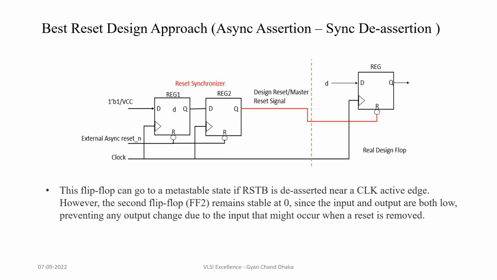If you see here, the flip-flop can go metastable if the reset signal is de-asserted near the active clock edge. However, the second flip-flop remains stable at 0, since the input and output are both low, preventing any output change due to input that might occur when the reset is removed.